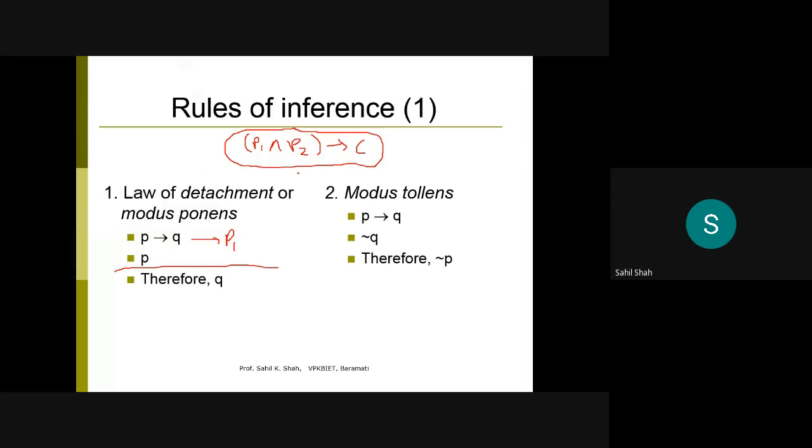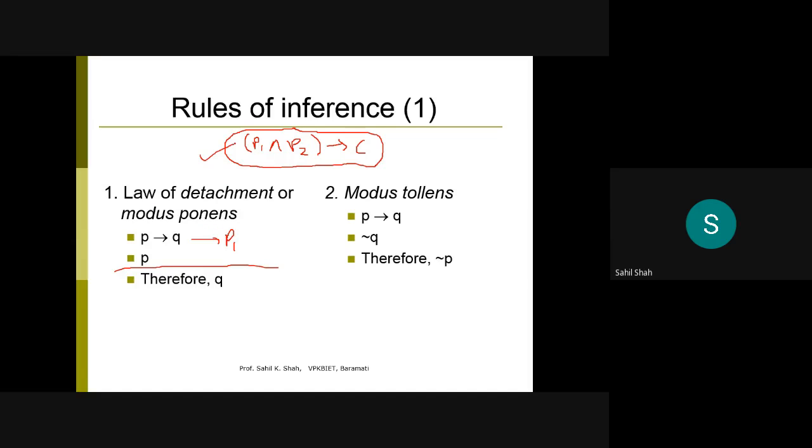The truth table method is the concrete method which always gives us the correct validity of any argument, which might not be correct if we are using the laws of logic. I think in example number 3, you are getting the argument as valid if you simplify the premises, and it will be invalid if you construct a truth table, or vice versa. I do not know exactly, but the recommended practice is constructing a truth table.